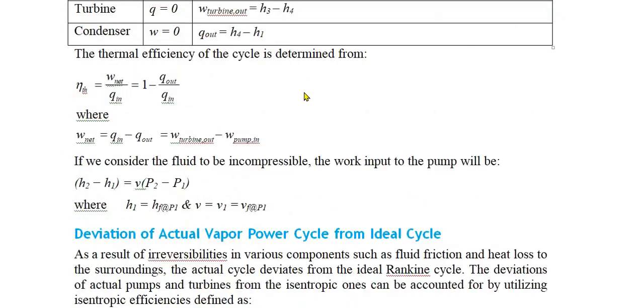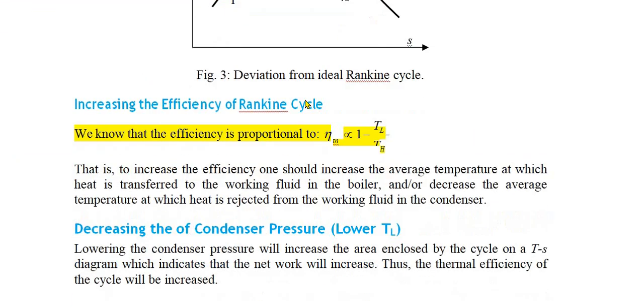From that we come to know that efficiency equals 1 minus TL by TH, the lower temperature to the high temperature. Today we will discuss how to increase the efficiency of the Rankine cycle. From this we can see, we can decrease the TL, the condenser temperature, or increase the boiler temperature.